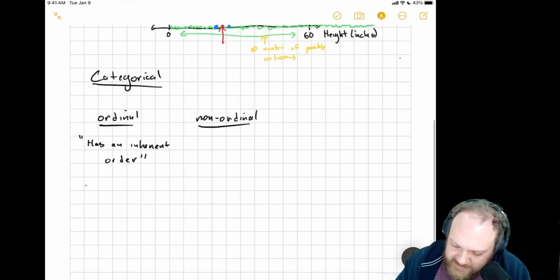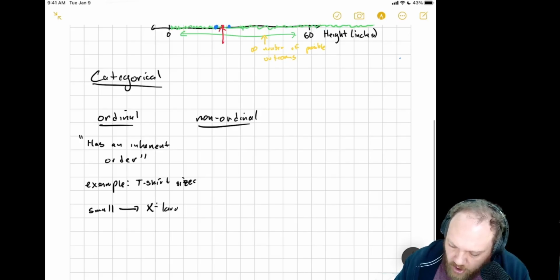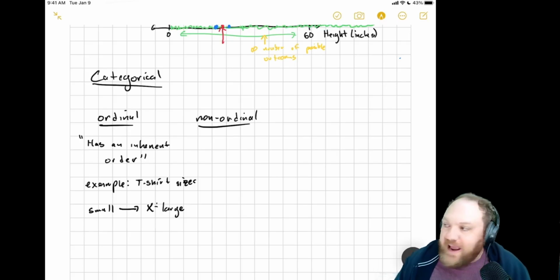So, for example, I said this earlier, I think, t-shirt sizes, right? We have from small to extra large, right? There's an inherent order in this data set. This is an ordinal data set, right?